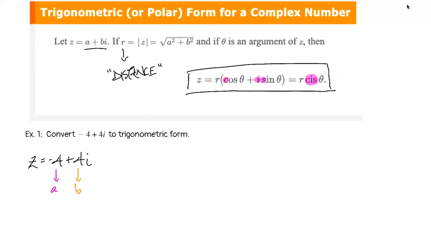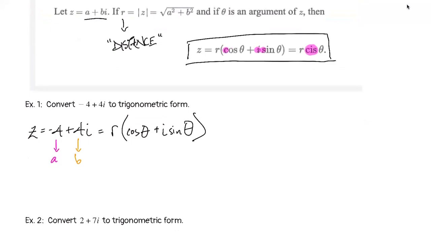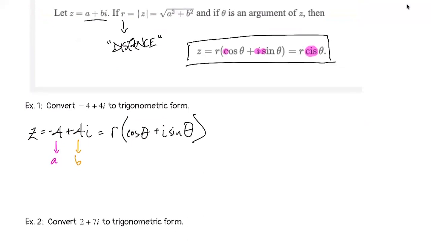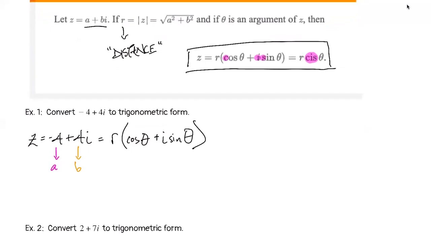So if I want to write this in trig form, I need to come up with the radius or the distance, and then I need to determine the angle to fill in for the theta. So I need 2 pieces of information.